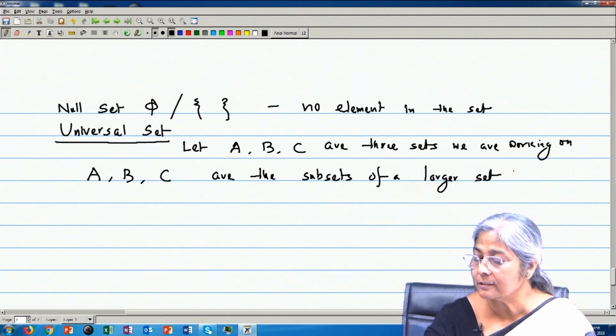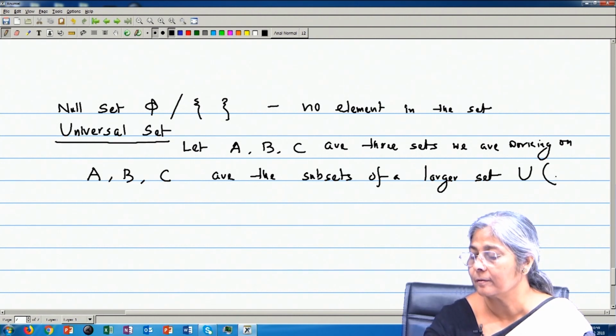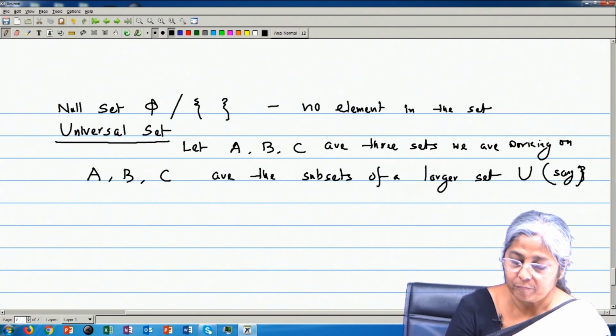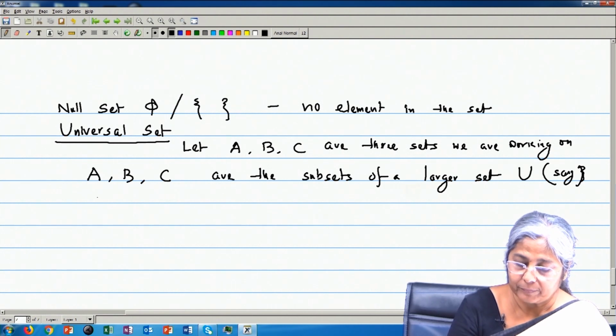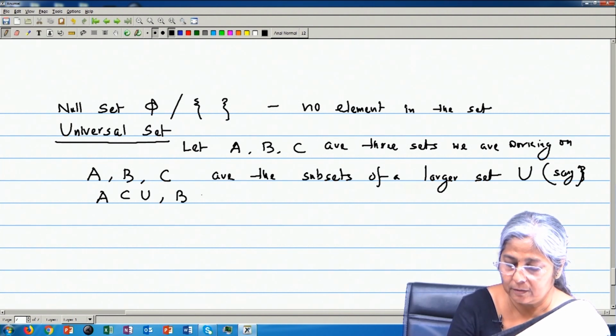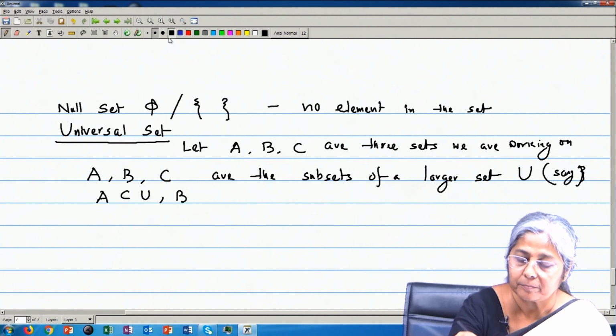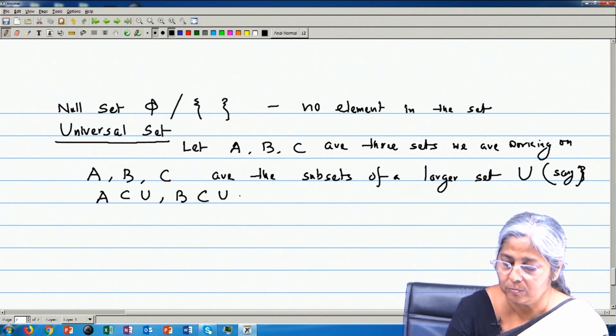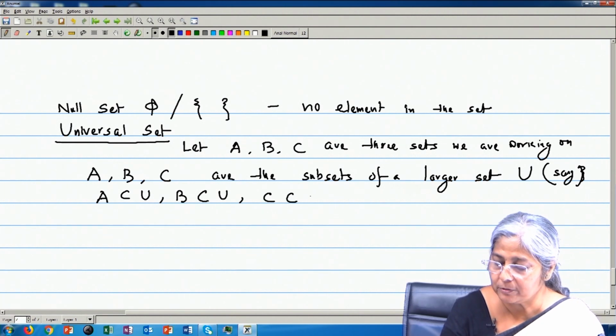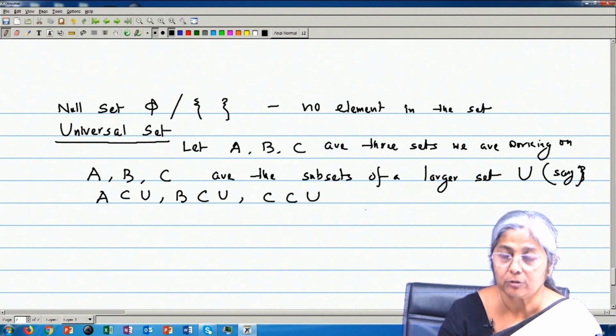Say this larger set is called U. Then B is a proper subset of U, C is also a proper subset of U, not equal.